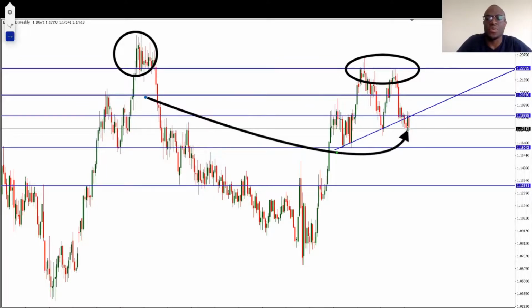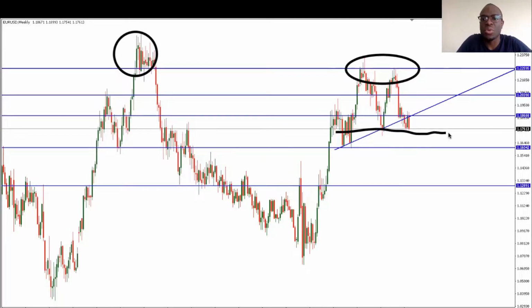So what I'm expecting is a situation where initially I want to regard this as our accumulation phase, where the price is going to be consolidating between these two levels, between 1.16042 and 1.22595.